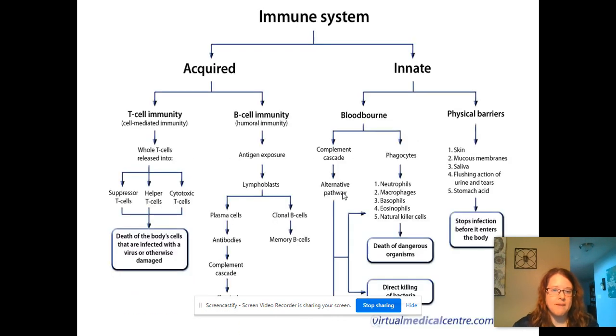All right. I added this diagram in just because I liked it so much, and with what we're going to be talking about next, we're going to be talking about acquired immunity. So it's just a good diagram that really dissects out the immune system. So we've been talking about innate or non-specific forms of immunity.